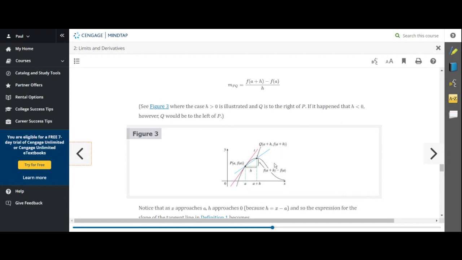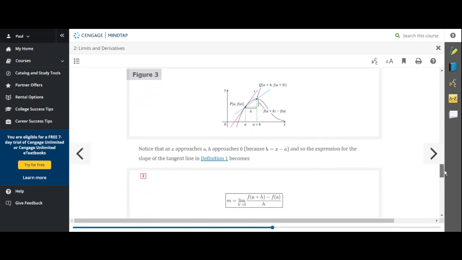And as you let h get small, the Q coordinate will approach the P coordinate. And therefore, the slope m of the tangent line at the point P is going to be the limit as h approaches 0 of f of a plus h minus f of a over h. This is the alternative definition for the derivative.